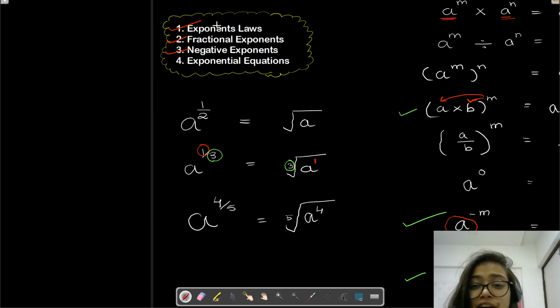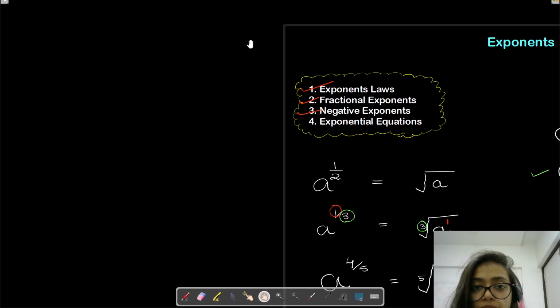Then finally we have exponential equations. The SAT loves testing you on this fourth concept, exponential equations. It is also about matching the bases. I'm going to write it here, matching the bases.